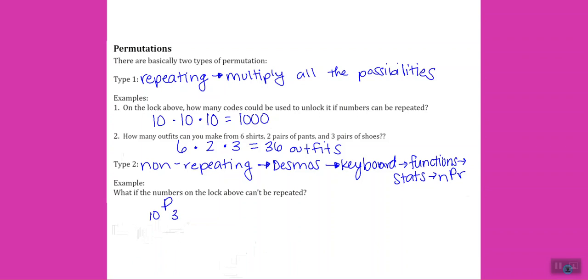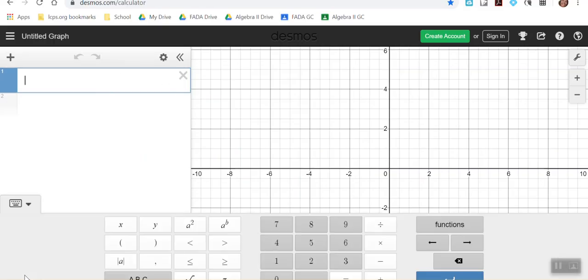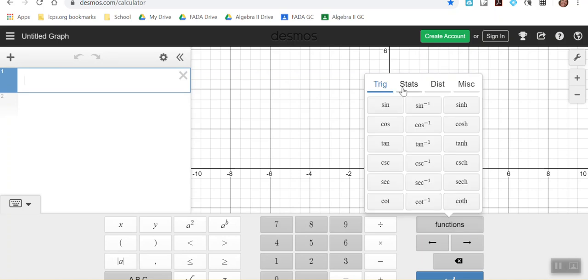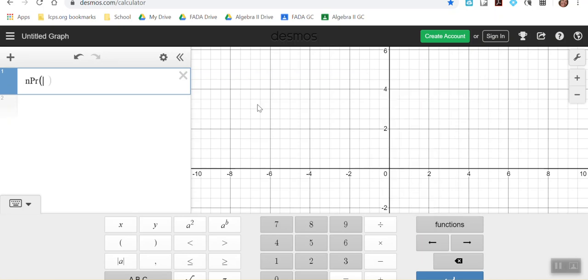So I'm going to go to Desmos. I'm going to click on my keyboard. I'm going to click on Functions. I'm going to go to the Stats tab and NPR. And the parentheses are going to pop up.